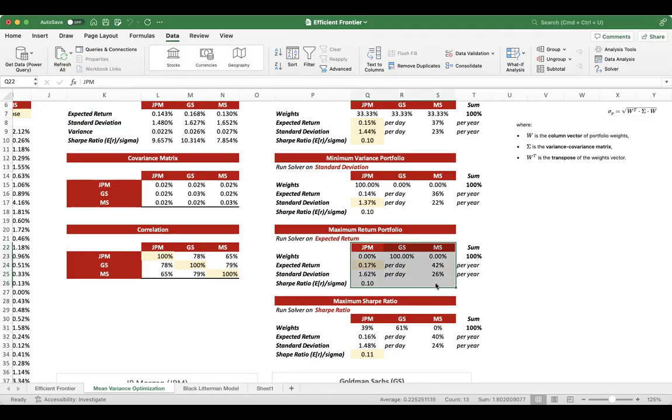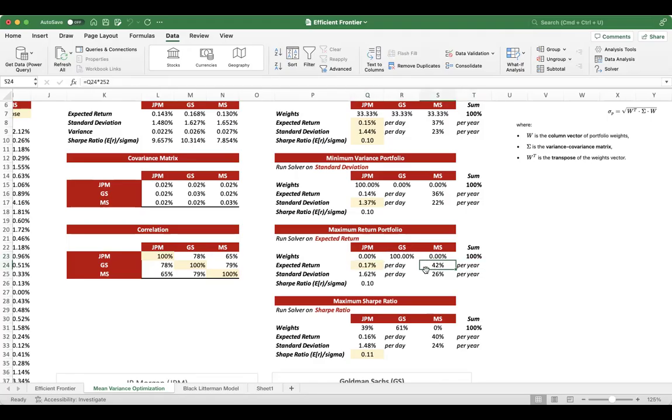But let's think from the risk side of things. Do you think it's good practice to invest all the money into one stock? What will happen if you do? Definitely your returns have gone very high, 42% for the whole year.